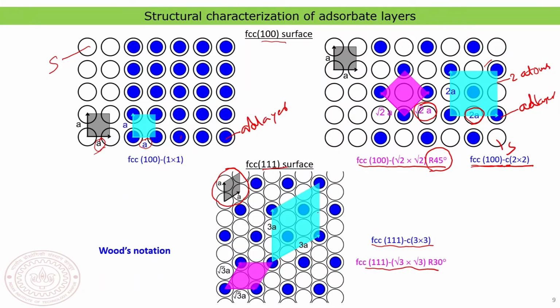And this is again a centered unit cell. So you can mark the unit cell as it is, and depending on the magnitude of the unit lattice vector, you can name them either a C3 by 3 or a root 3 by root 3, but it is actually an R30 degree. So this is rotated with respect to the surface unit lattice vectors.